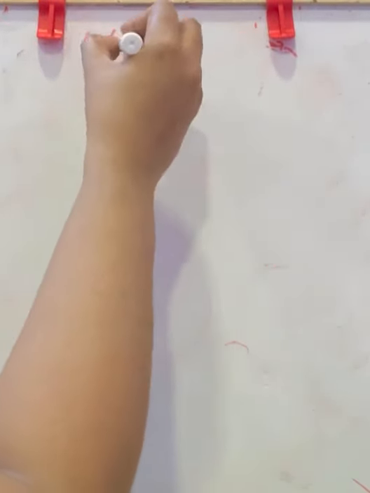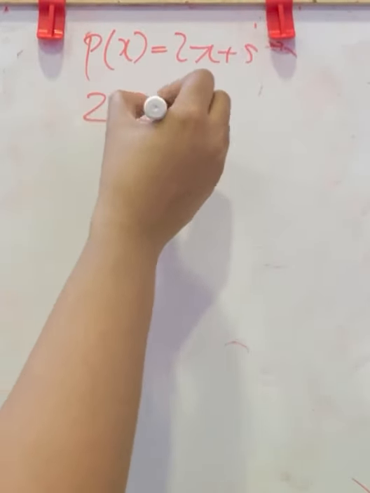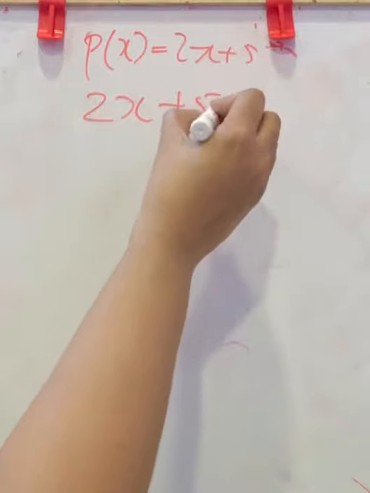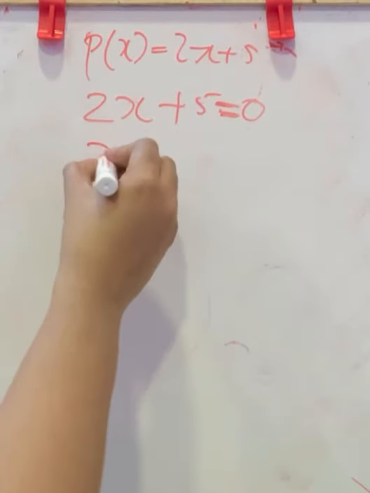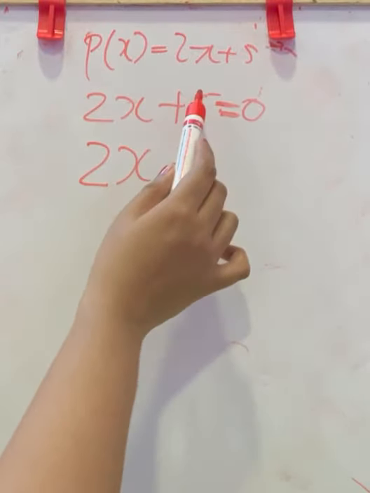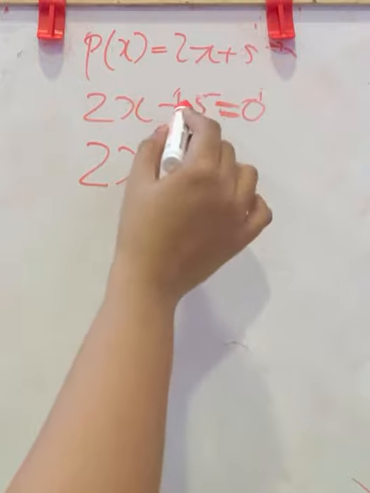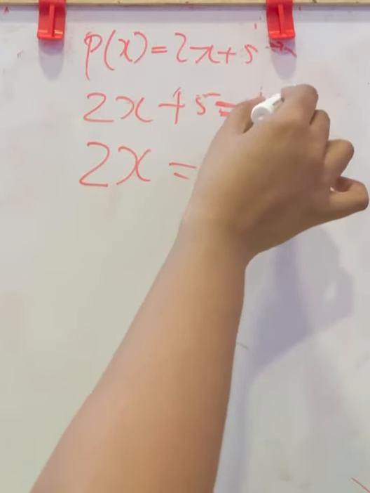Next is p of x is equal to 2x plus 5. That is 2x plus 5 equal to 0. Then we can find the zero of this polynomial. Keep 2x here. Don't take 2 along with 5 because 5 is another term. So first you take 5 to RHS, that is 0 minus 5, which is minus 5 here.